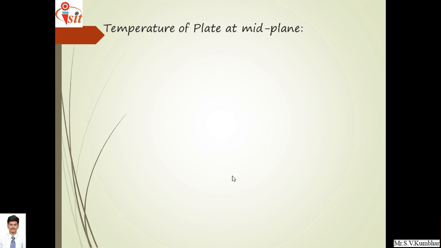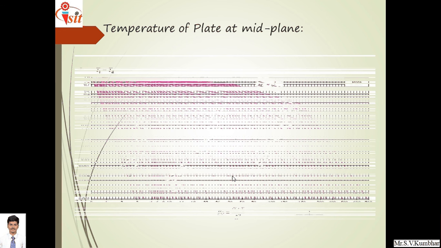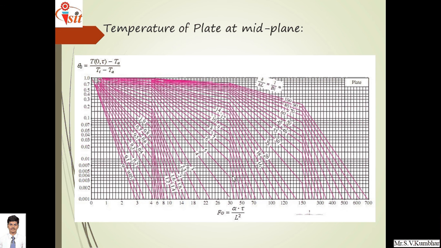Now we will see the Heisler and Grober chart for a plane slab, cylinder and sphere at a given time t. So first of all, the temperature of the plate at the midpoint. Here in this figure, a slab or wall has thickness 2L, and at its center this is the Heisler and Grober chart. And how to determine it? For that purpose, theta naught is equal to T0 minus Ta upon Ti minus Ta.